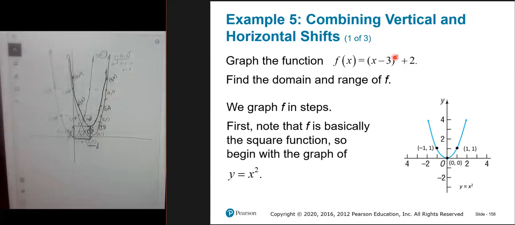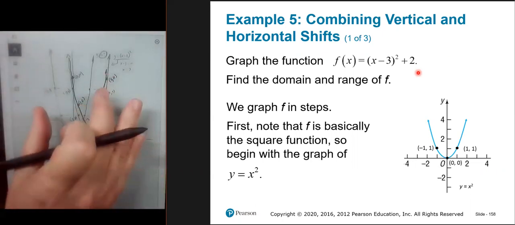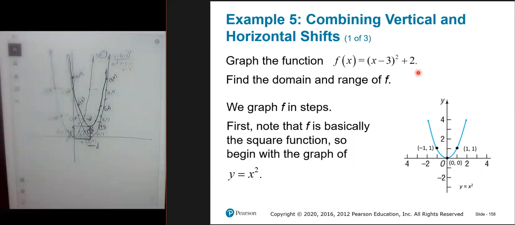And then I add 2 to those y values. This plus 2 outside here is always the change in the y value. If it was a minus 7, then instead of going up 2, I would have gone down 7, and the whole graph would have been moved down here.